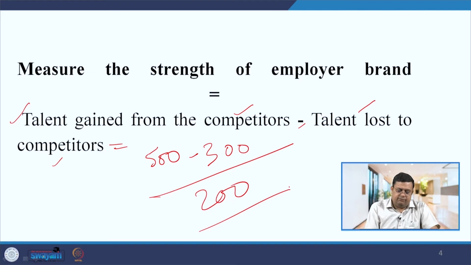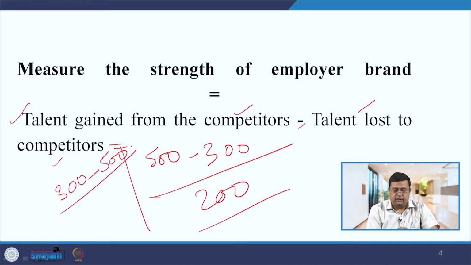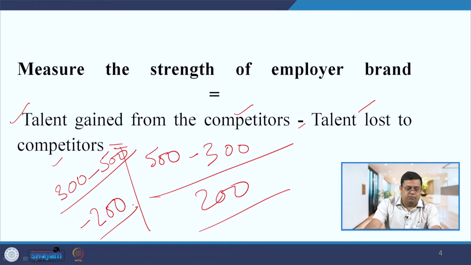But if it is reversed, let us assume 300 people have come from the competitor and 500 have left and joined the competitors, the answer is minus 200, which indicates that your employer brand is not strong enough to compete with your competitors.